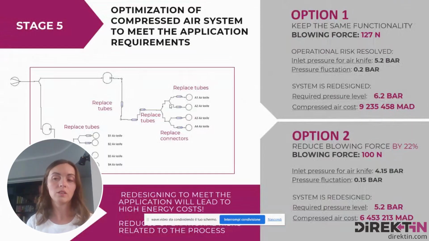In this case, he would need to replace all the tubes and all the connections, everything from the compressor room to the machine. However, it would increase the energy cost, and this is quite logical, plus the required pressure would be higher.